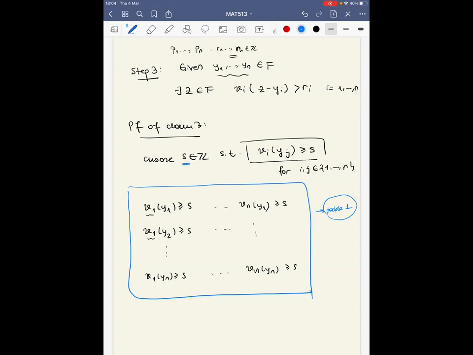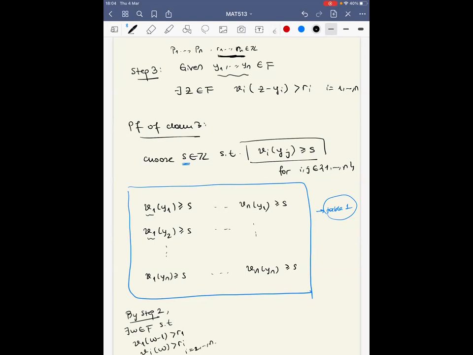And depending on this S, by step 2, step 2 guarantees the existence of a function omega such that V1 of omega minus 1 is strictly bigger than R1, still in the same given Ri's, and Vi of omega is bigger than Ri for the remaining places.